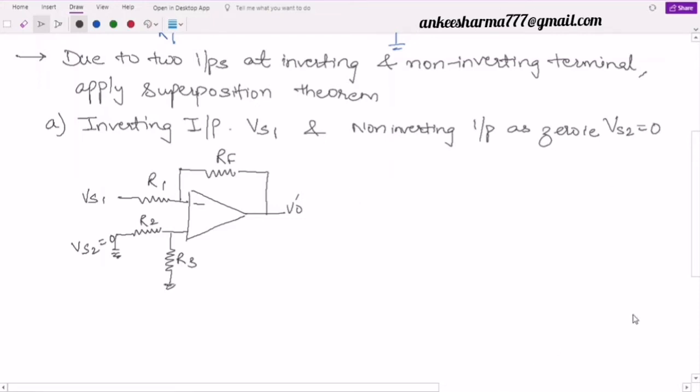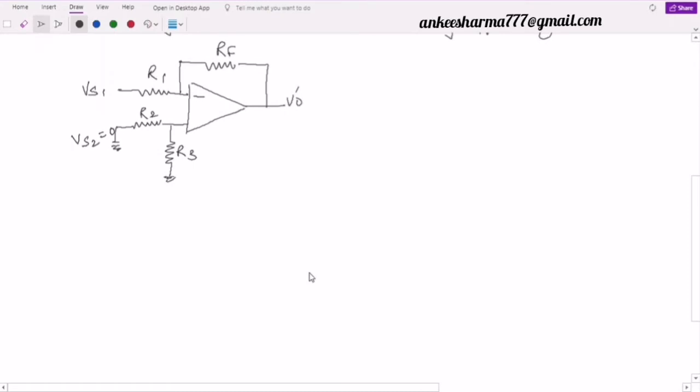So V0 dash will be equal to, the input is only applied at the inverting terminal, so definitely the gain in this case will be equal to minus Rf by R1 multiplied with the input. What is the input? That is Vs1. Right? This is my simple case. As I have already derived the gain, I am writing here that my V0 dash is equal to minus Rf by R1 of Vs1.